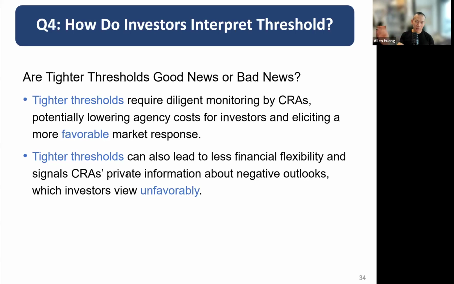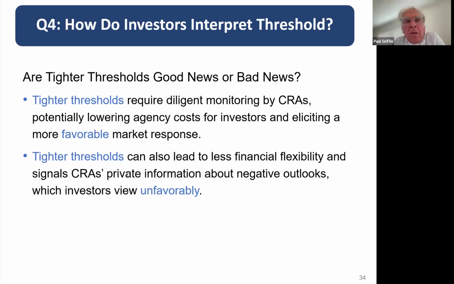So that's driving how tight the thresholds are, and the investors are looking at the thresholds like, why do you issue a tighter threshold to begin with? That's something maybe you know about the company that I don't know about, so I'm going to react negatively to that. They're extracting the information from that, rather than the monitoring part. So I 100% agree with you that on the monitoring part, definitely better monitoring shifts the rights from equity holders to creditors. So creditors should like that.